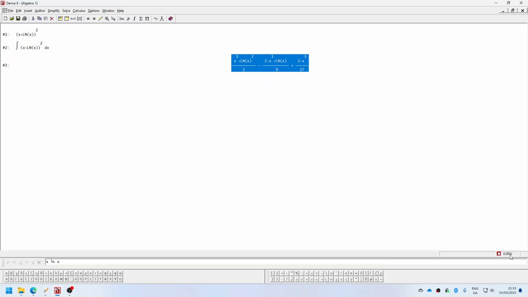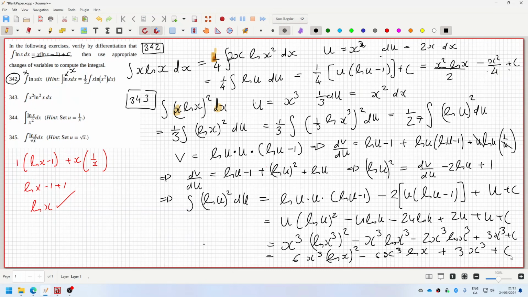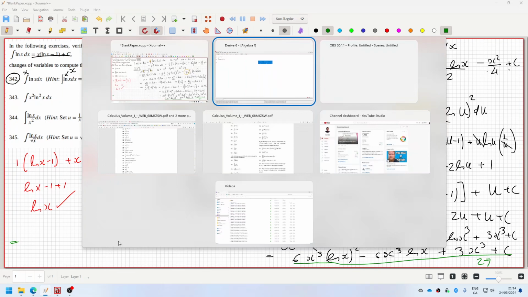I'm just missing a divide by 3. Or yes, actually, we have to multiply the answer by 1 over 27. So this is all over 27. So then that would be 6 over 27, 2 over 9.